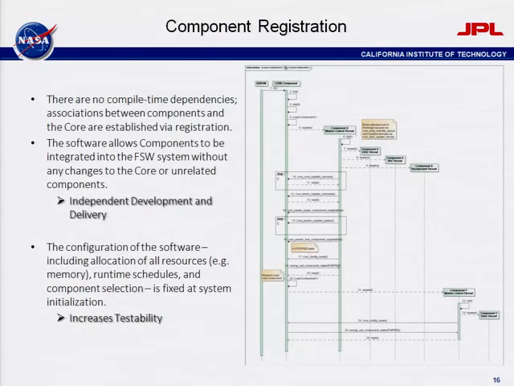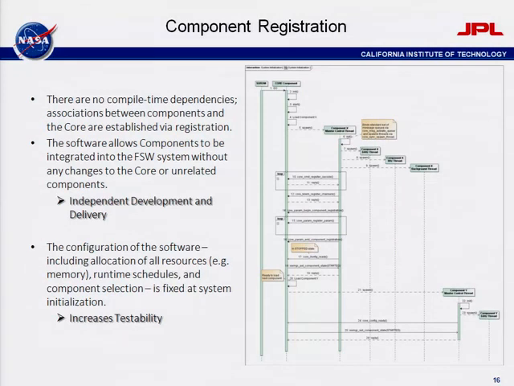So as we mentioned before, this is a space and time partition system, and one of the properties and principles of our architecture is that there are no compile time dependencies. Associations between components and the core are established all via registration.